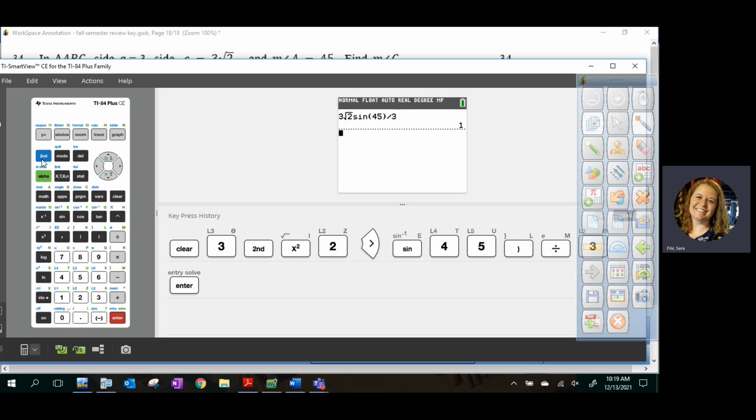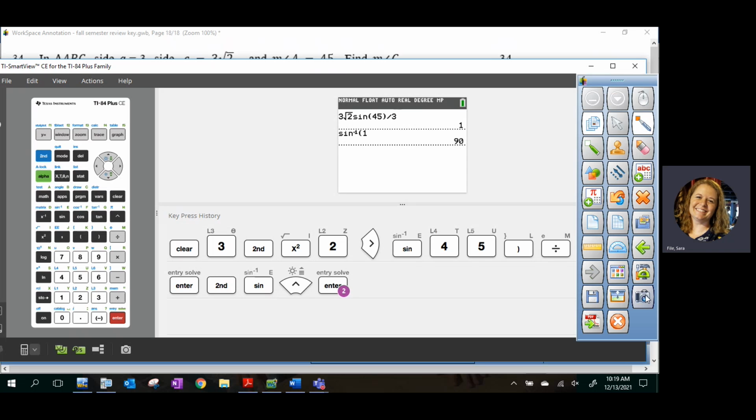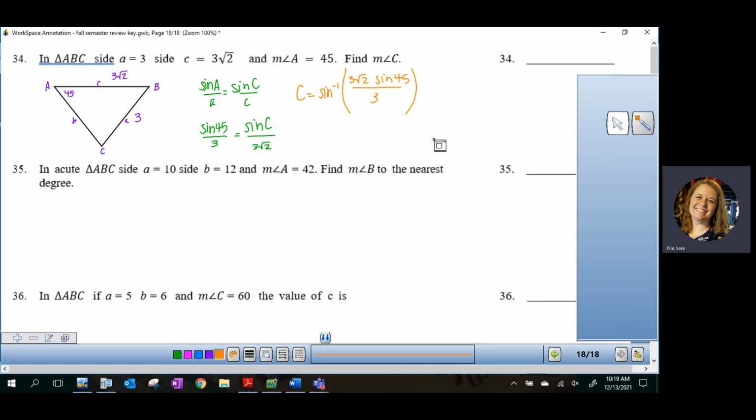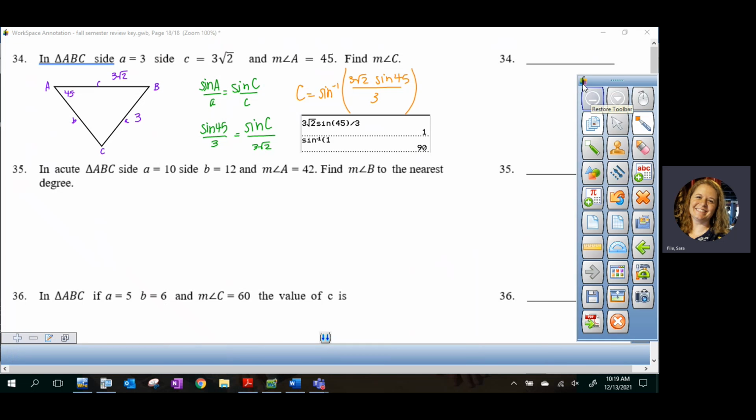And then I have to take inverse sine of that, 90 degrees. So I recognized the relationship between the side lengths and the 45-degree angle. If you did not, it's okay. You still got that that's a 90-degree angle, right?